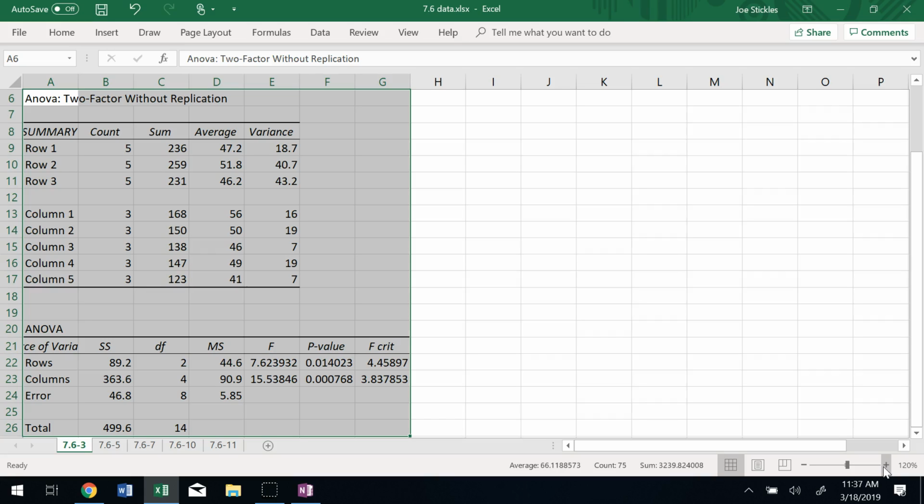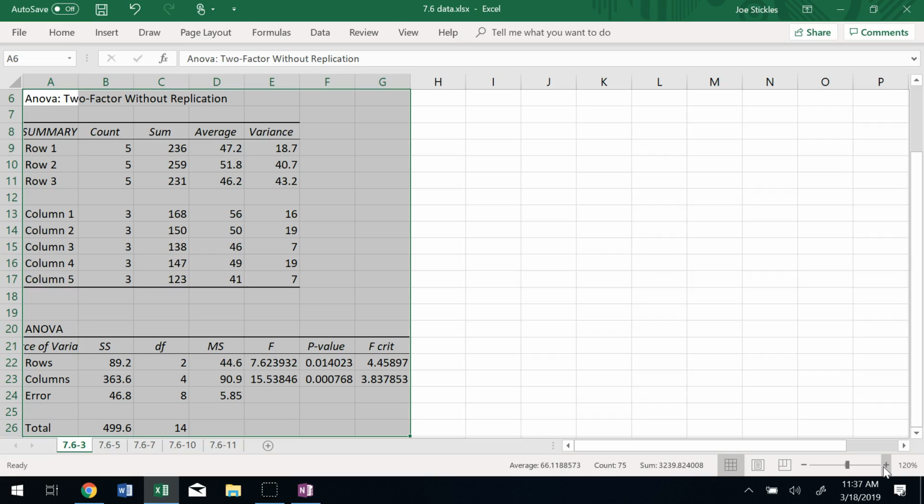These parts here will be your X bar dot J, your column means. They also give you the variances in each of those as well. That's not really the important part for our purposes because we want to know what the result of the test was. This is just giving you those summary statistics.